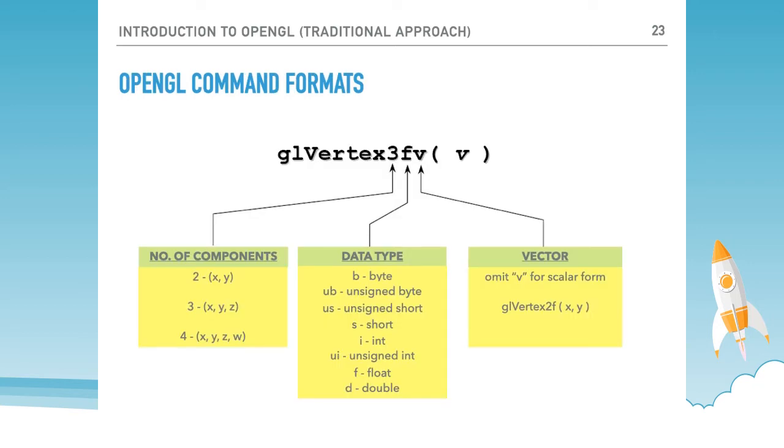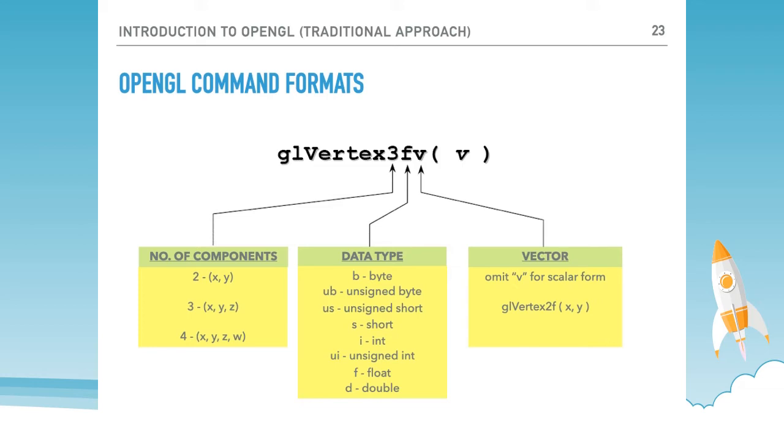Here, you can see a simple OpenGL command. gl, again, is from the core OpenGL library, and Vertex is a function which is used to draw a vertex, followed by 3fv. Now, 3 here is the number of components.